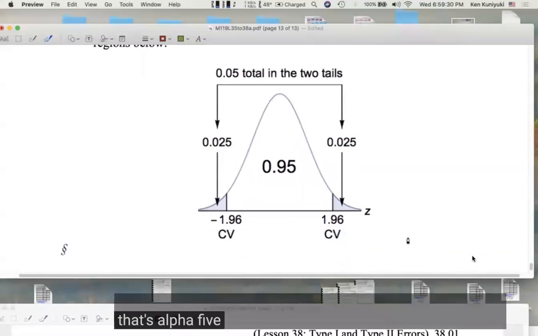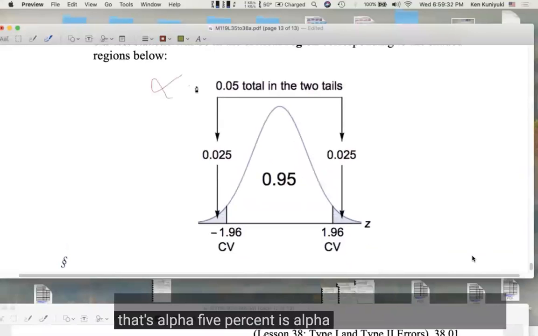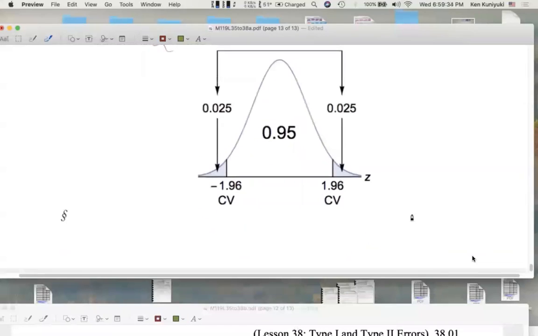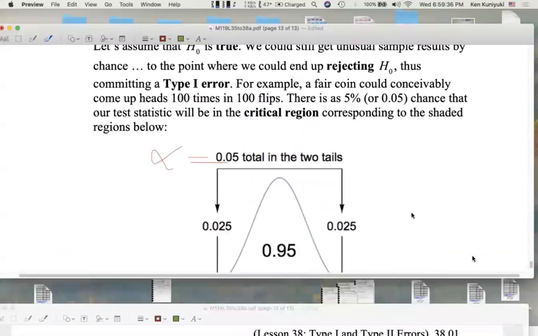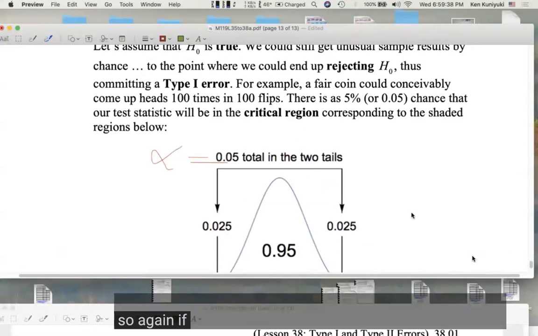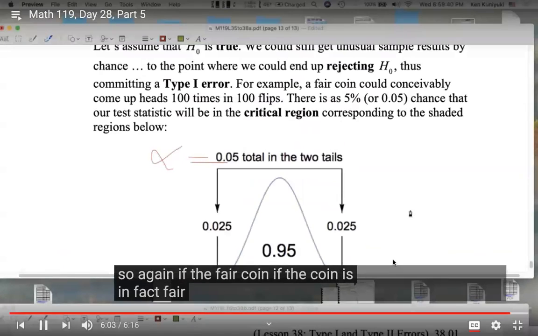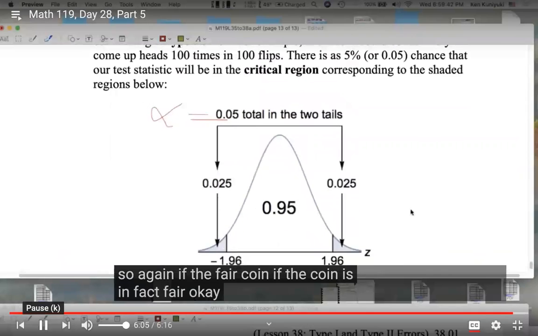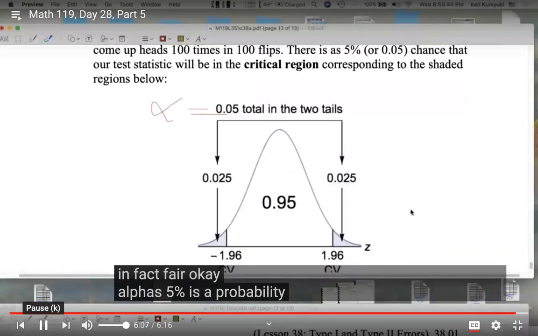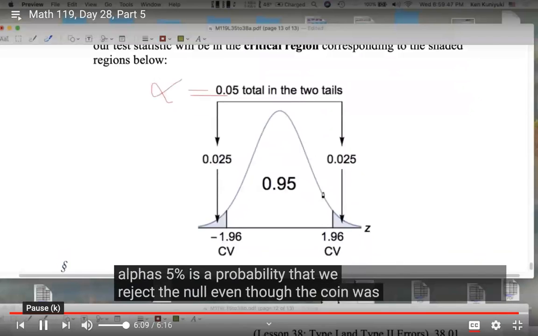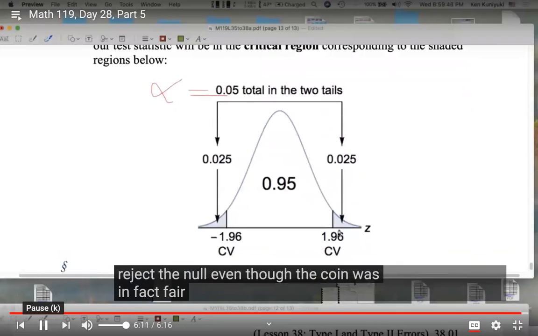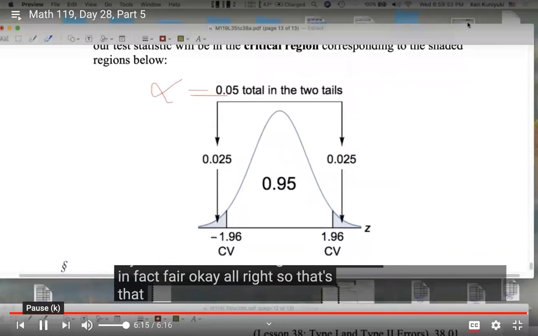That's alpha. So again, if the coin is in fact fair, alpha, 5%, is the probability that we reject the null even though the coin was in fact fair.